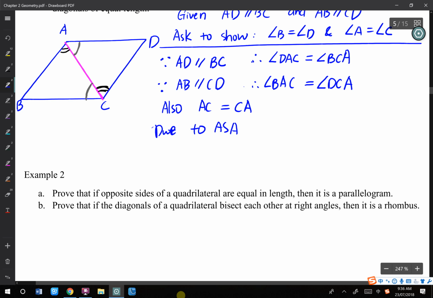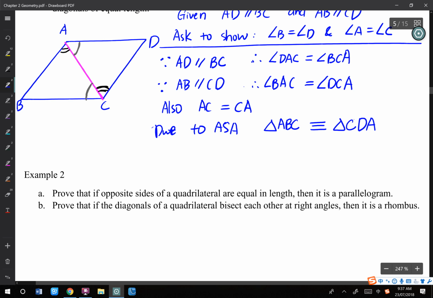Then due to ASA, triangle ABC is congruent to triangle... Okay, I write ABC. A is the black angle, so I should write C first in the second one. B is opposite to D, so CDA.